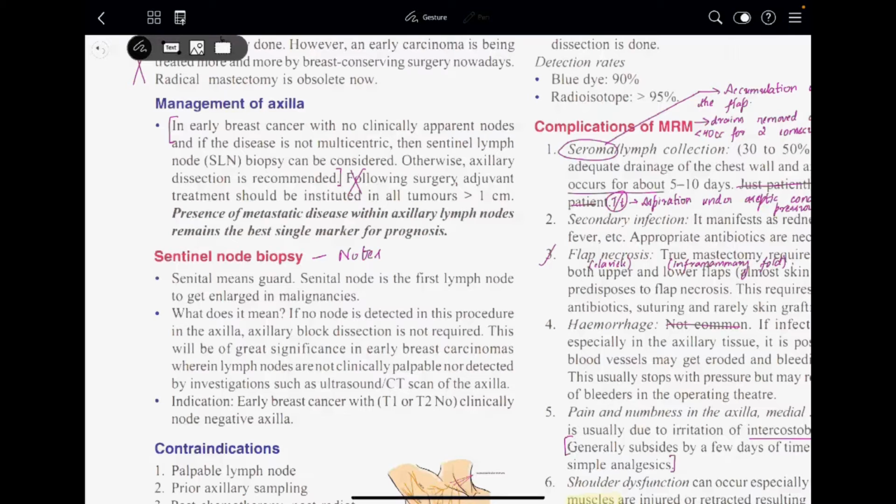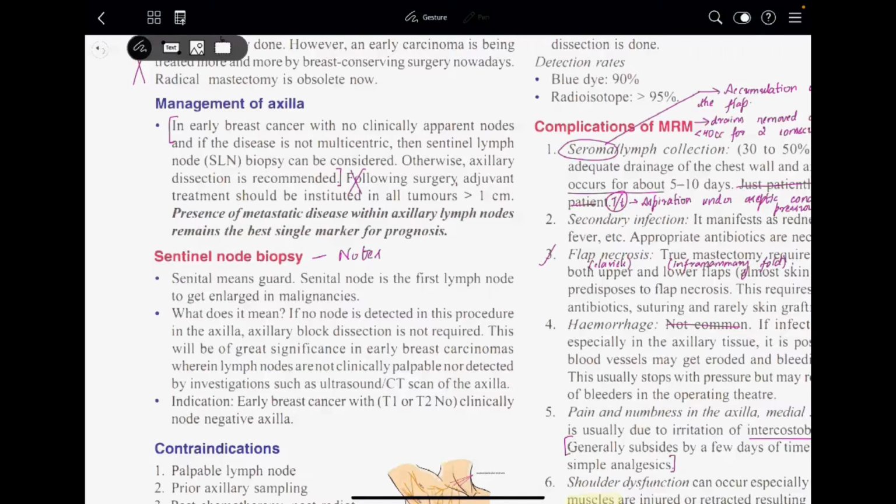Okay. So they're just saying what you have to do, like when should you do sentinel lymph node biopsy and when should you directly go for an axillary dissection. If it is early breast cancer and there are no palpable lymph nodes, and if the disease in the breast is not multicentric, as in if it has not involved multiple quadrants, then just do sentinel lymph node biopsy, because you don't know if it has spread or not.